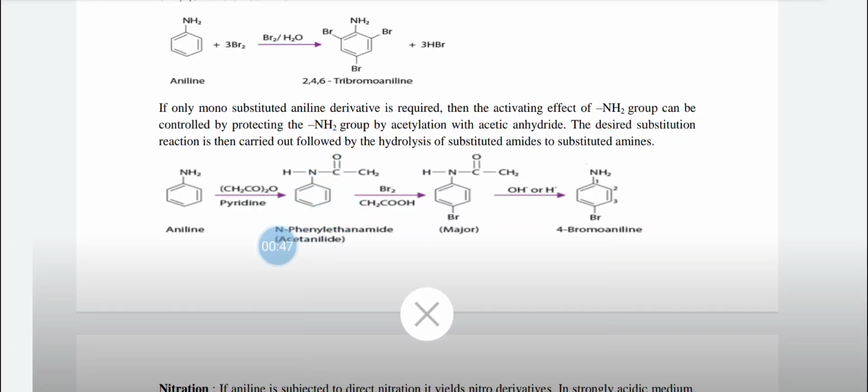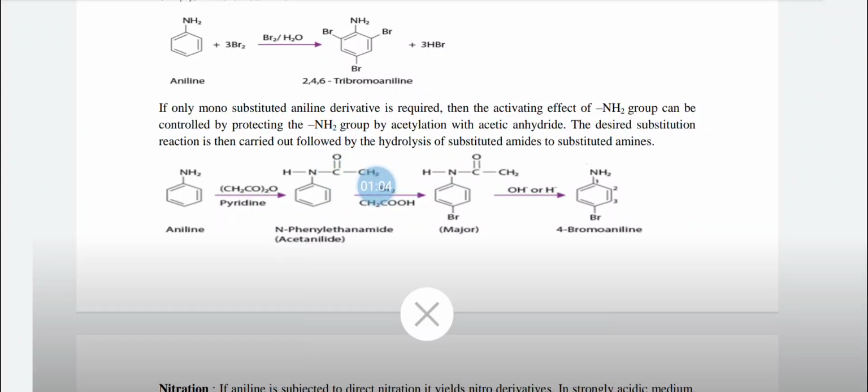The reaction can be controlled and we can prepare a monosubstituted product, such as when aniline is treated with an anhydride in the presence of pyridine, NH2 will be converted into NHCOCH3.